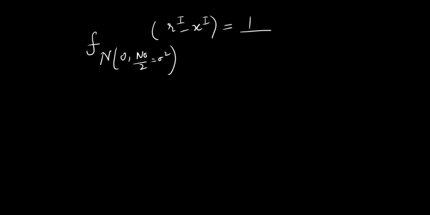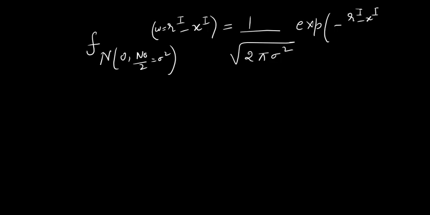But 1 upon root 2 pi sigma square. I'm just writing it sigma square. Later we will replace it by N0 by 2. Exponential of minus w squared upon 2 sigma square, with mean 0.